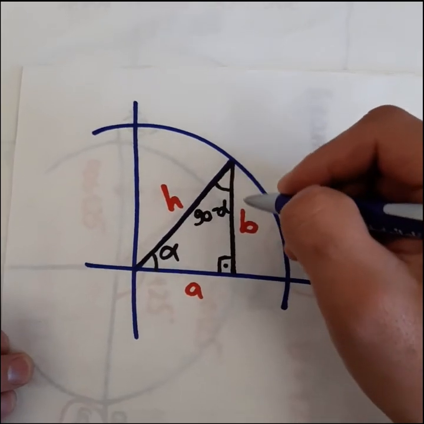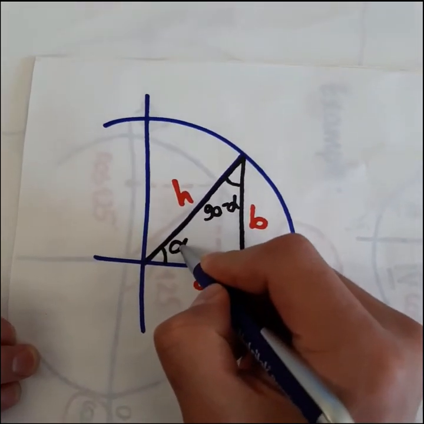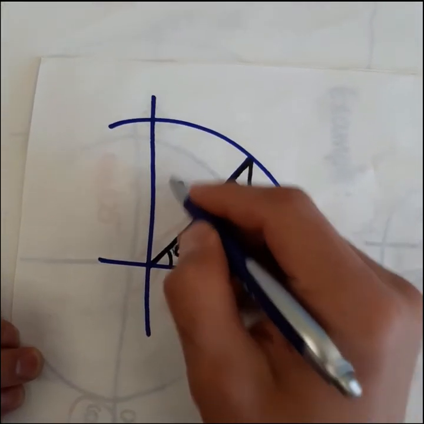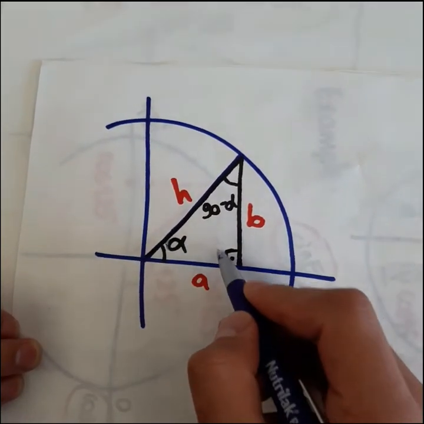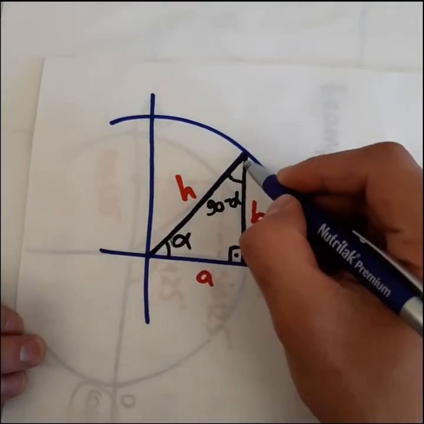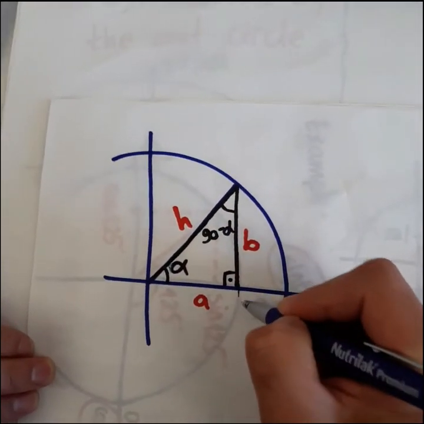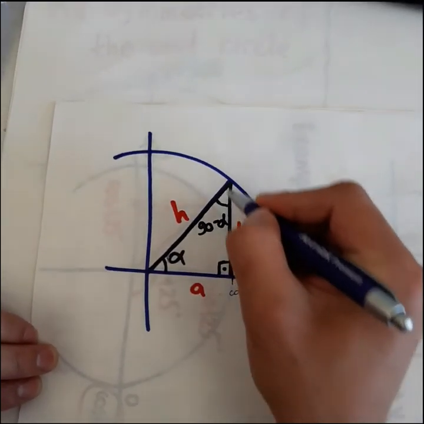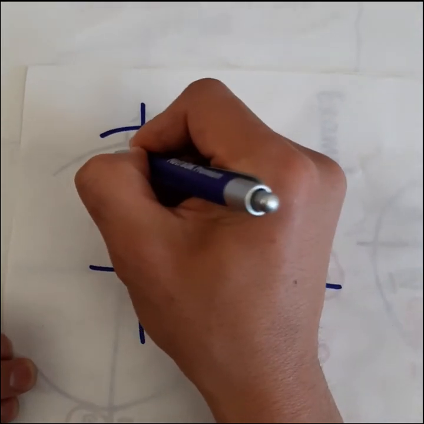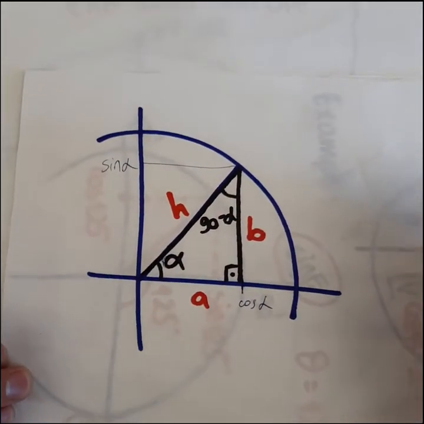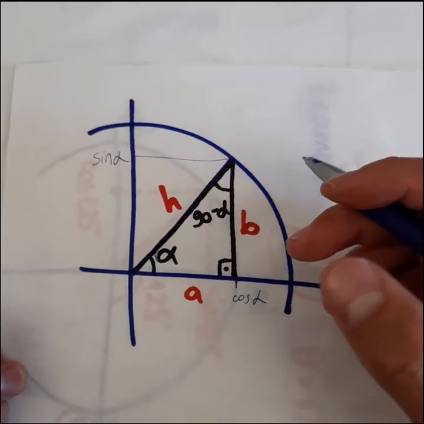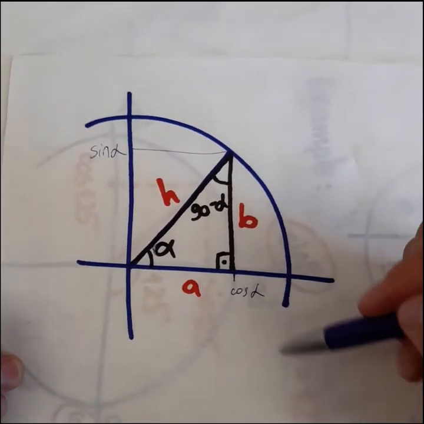If we are given, for example, angle alpha in our first quadrant, and alpha angle will be here, here will be cosine alpha, and here will be sine alpha. But we have to find the relation between sine and cosine.